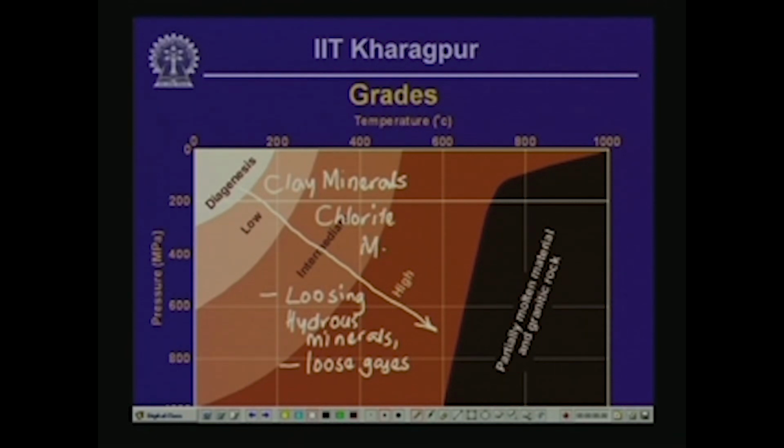Then we are going to start getting more and more micas, and there will be quartz and feldspars in all the cases.